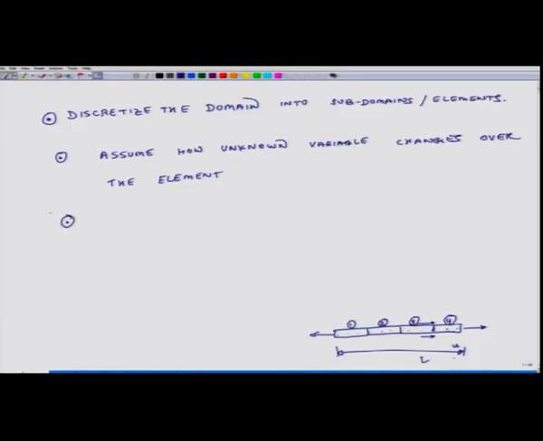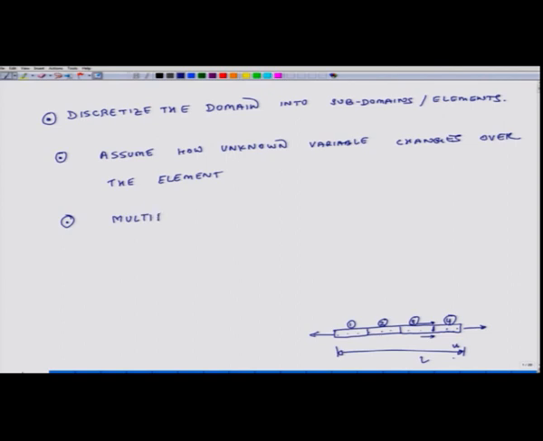The third step is that we find out the error. In the differential equation, once we make this assumption, we multiply this error by a weight function and integrate it over the domain. I will explain that later, but first let me just write it.